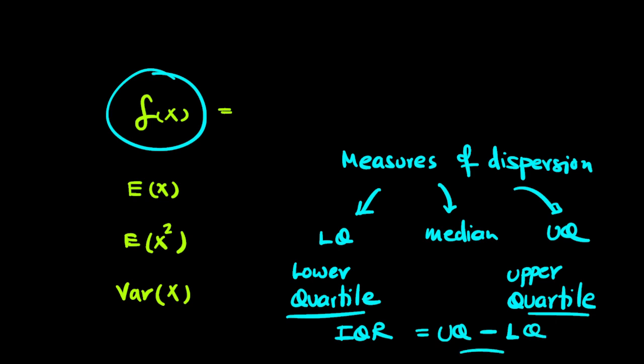So now, what is this first video all about? That's the introduction of CRV, continuous random variable. How is it similar or different with DRV, discrete random variable?